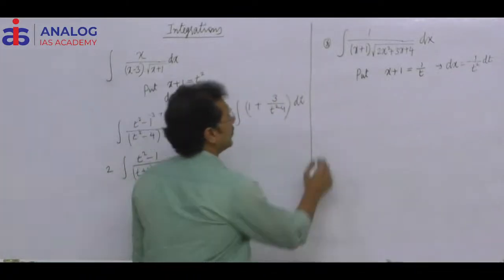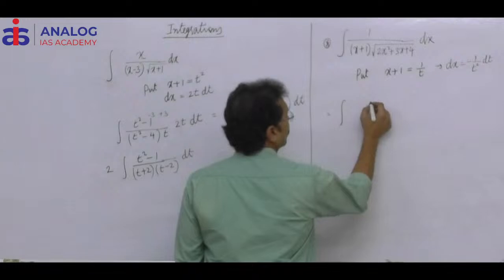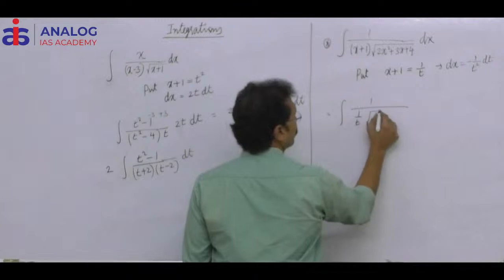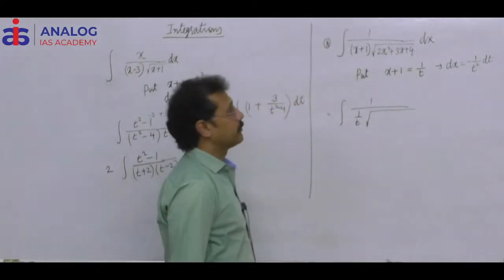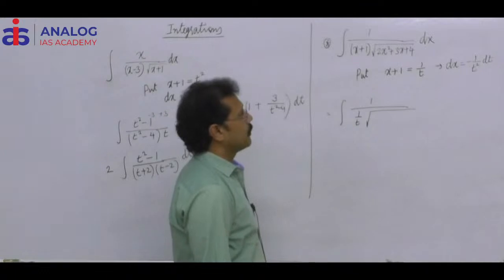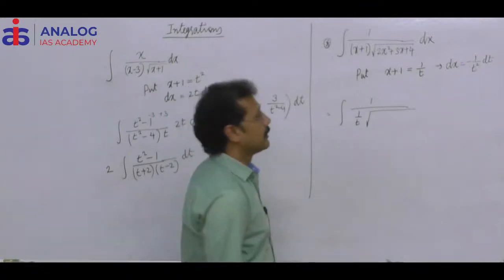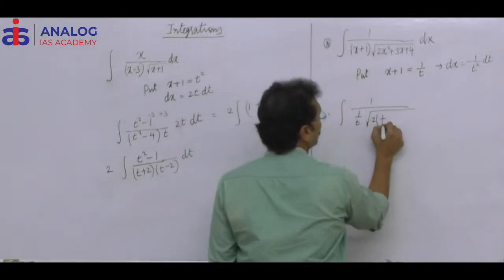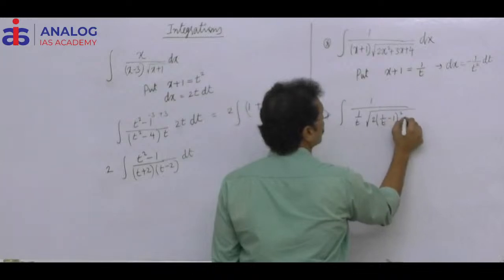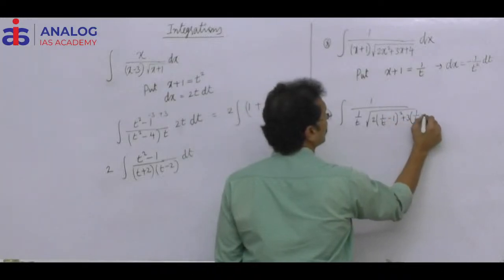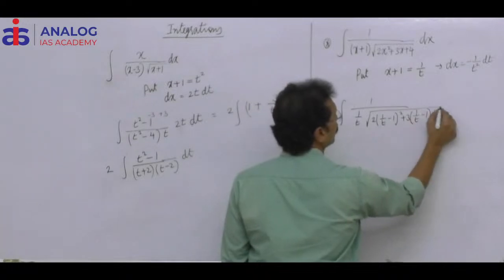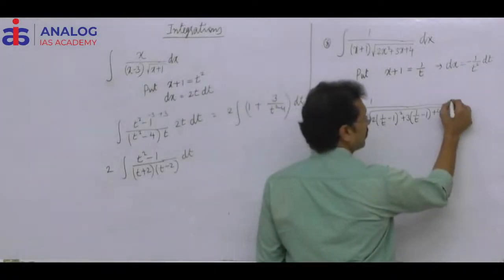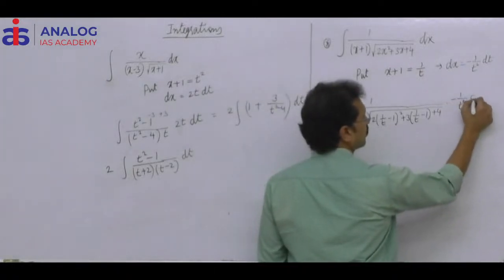Okay. This gives me the integral as 1 by x plus 1, which is 1 by t, root of, okay, now what? x square is 2 times (1 by t minus 1) whole square plus 3 times (1 by t minus 1) plus 4 inside the square root, dx into minus 1 by t square dt.